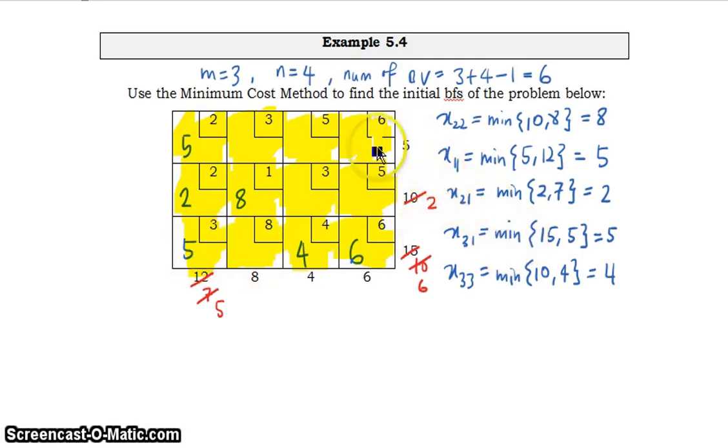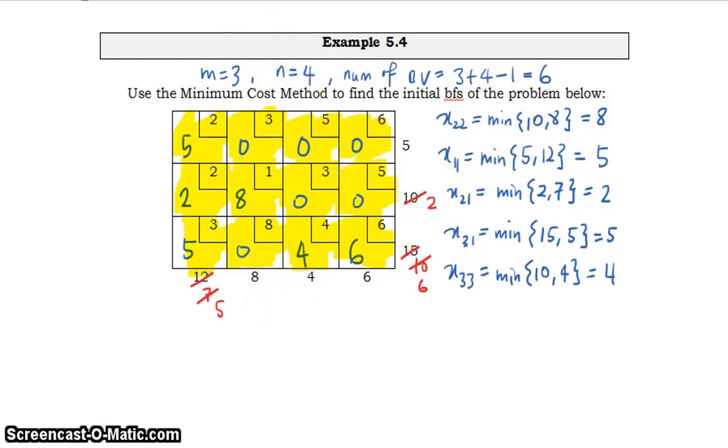We have 1, 2, 3, 4, 5, 6 basic variables, and the value of the other variables is 0, which means these variables are NBV.